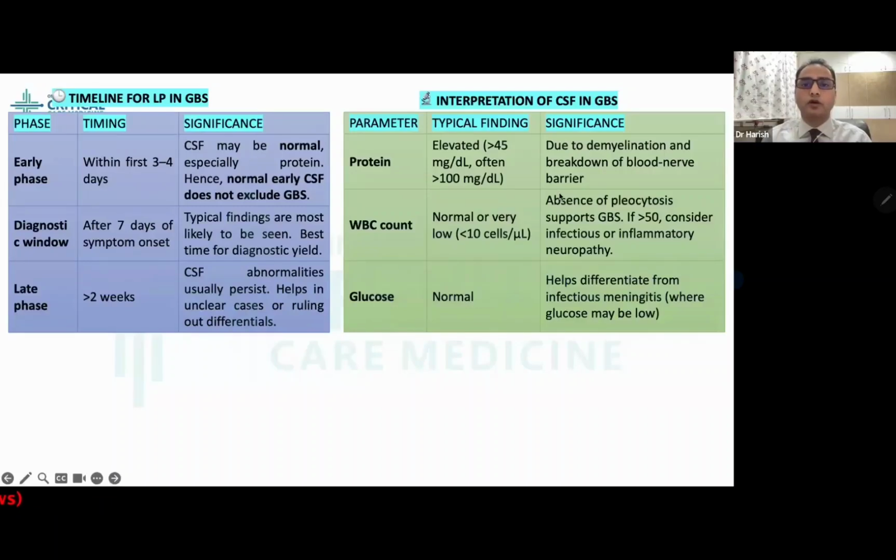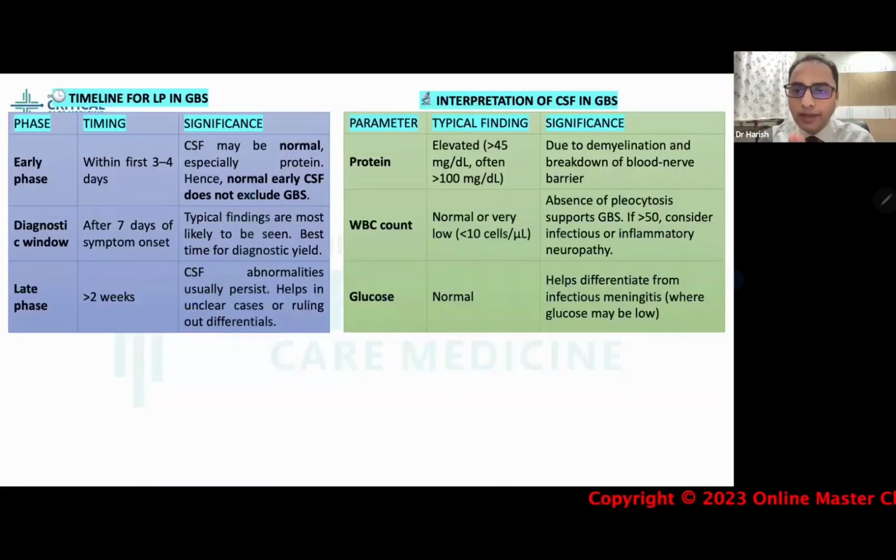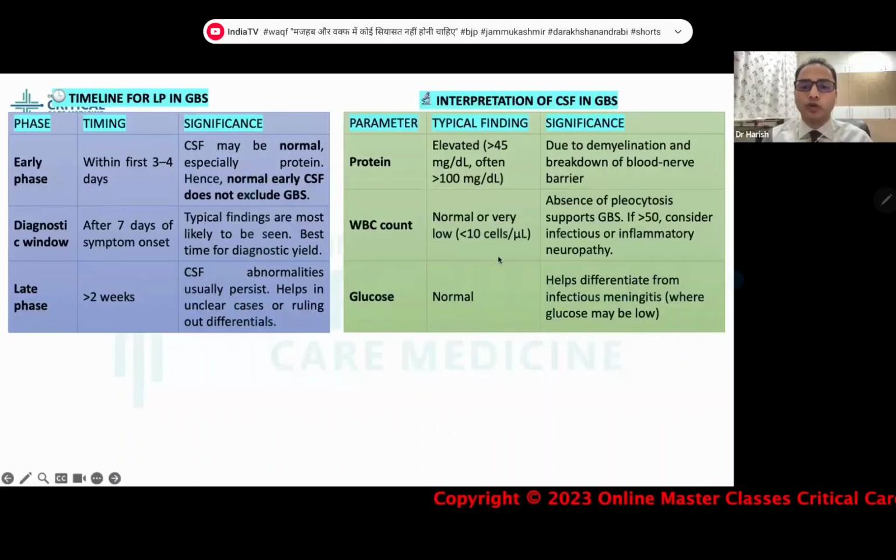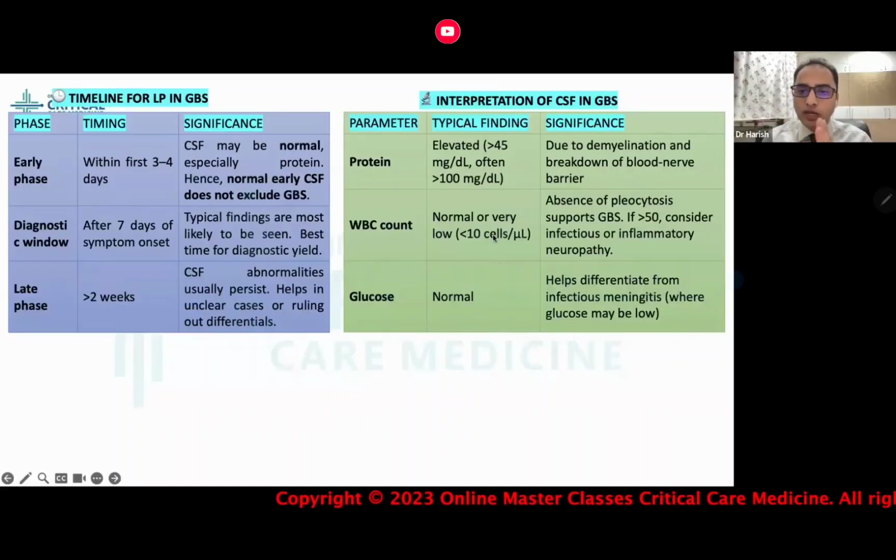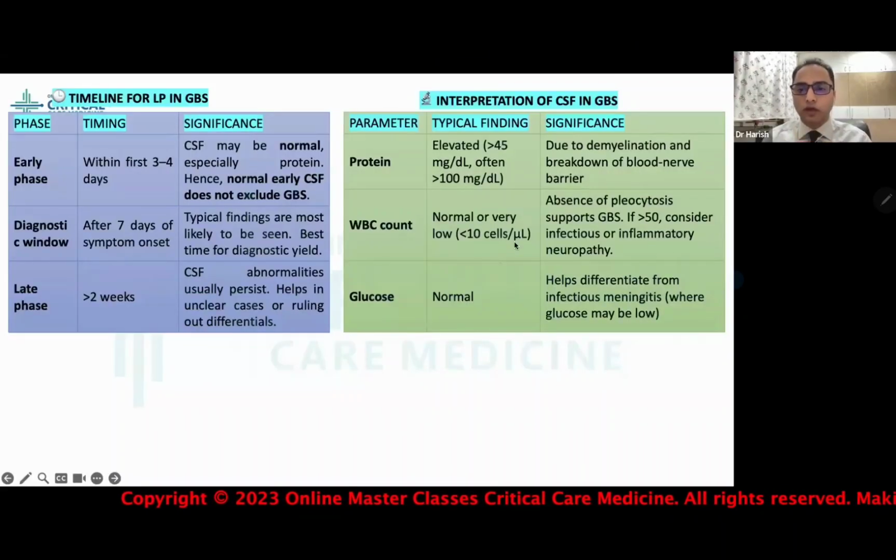Now the interpretation of CSF in GB syndrome. Protein is elevated, more than 45 milligram per deciliter, often more than 100 milligram per deciliter, due to demyelination and breakdown of the blood nerve barrier. WBC count in the CSF is usually normal or very low, less than 10 cells per microliter.